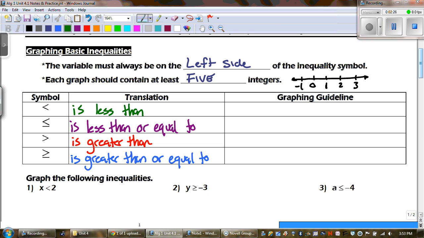So, the symbols you guys should already know. Okay? You should know what less than is, the symbol that you can make with your left hand. Okay? So when you have the is less than symbol, you need to shade to the left, and then it's going to have a special point, and it's called an open point.